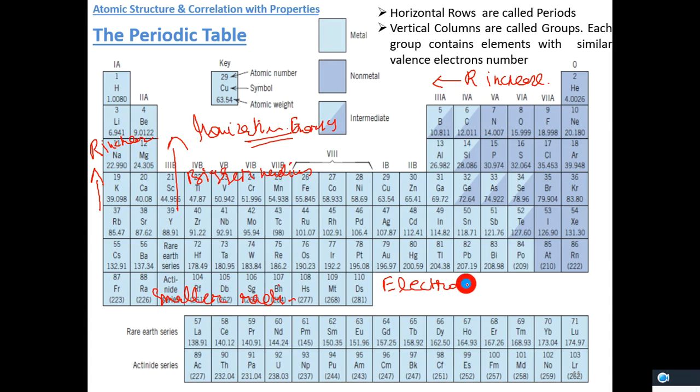Electronegativity: it is the tendency of an atom to attract an electron pair.